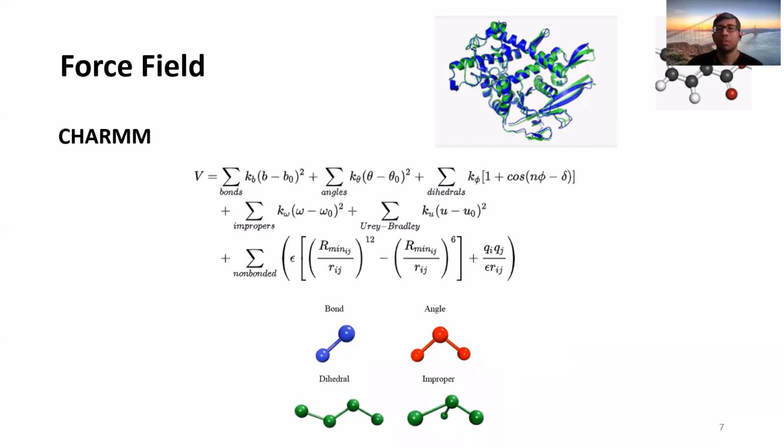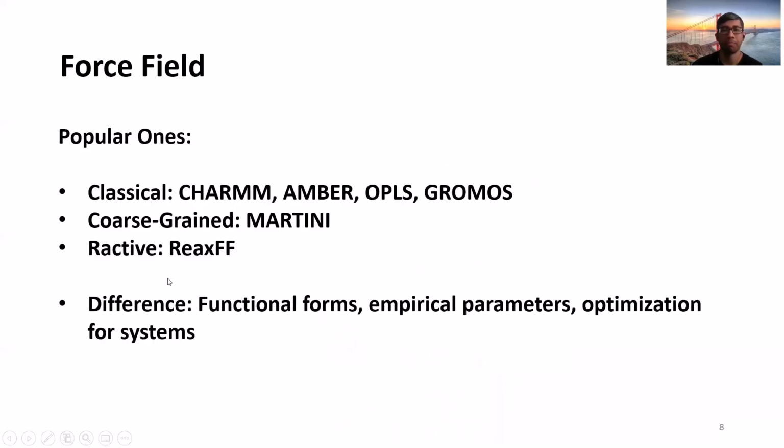So we have introduced you to the simplistic versions of pair potentials so that you can understand. But in reality, when you define a force field or interaction potential, you have to take many things into consideration. It will be very convenient if you know the names of the popular ones for classical molecular dynamics, where the atomistic level of interactions are taken into consideration.